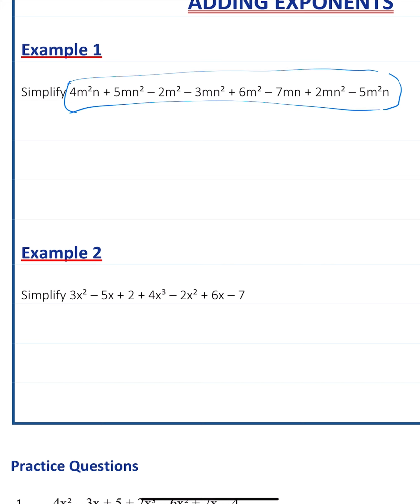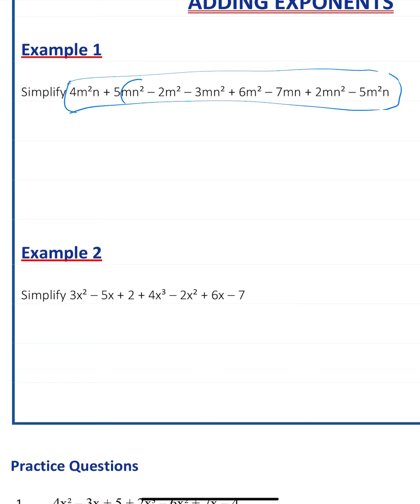And this seems like a really long problem, right? A long expression, but the first thing that you can think about when you think about adding and subtracting exponents is you have to look for like terms. So when I say like terms, what I mean is I gotta group things that have the same terms.